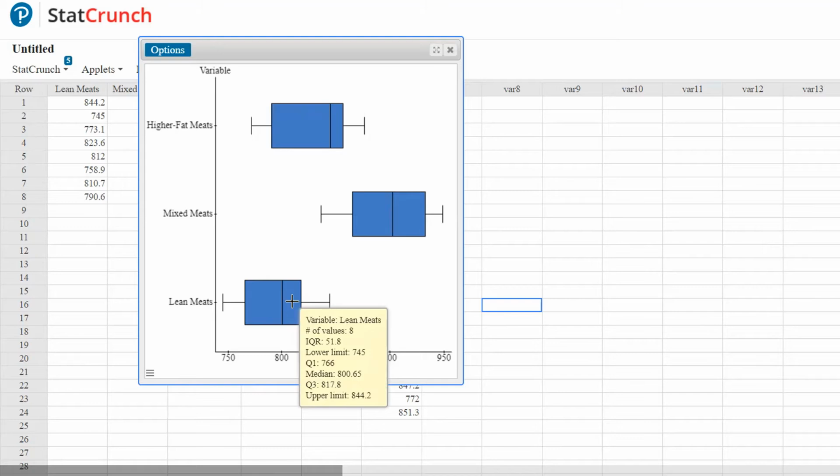If these were all the same, then these box plots would overlap a lot more. So if the lean meats was here and the mixed meats was here and the higher fat meats was here and they were overlapping a bunch, that would indicate more like they're all the same. But in this case, we've concluded that at least one of the means is different from the others, and it looks like mixed meats is definitely different from lean meats.